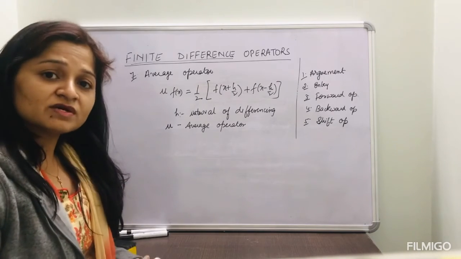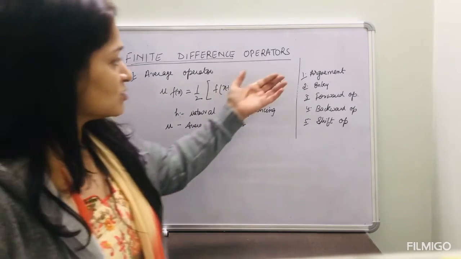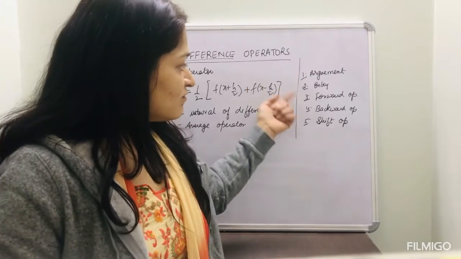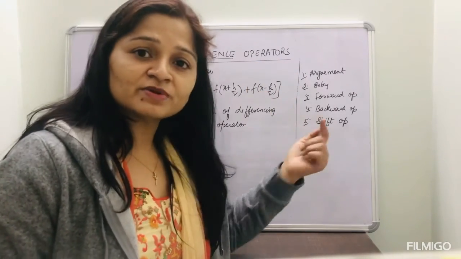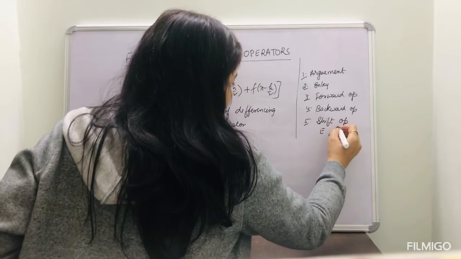Now just to recall what we have studied today in the definitions: first is my argument, then entry, then forward operator, backward operator, shift operator के दो parts, उसका हमने पढ़ा एक E और एक पढ़ा E inverse.